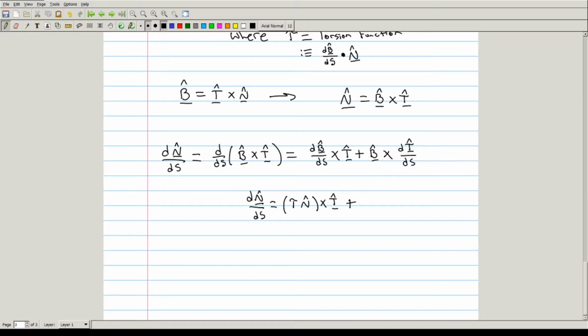And the binormal vector crosses with the derivative of the unit tangent vector with respect to arc length, which is just the curvature times the unit normal vector.